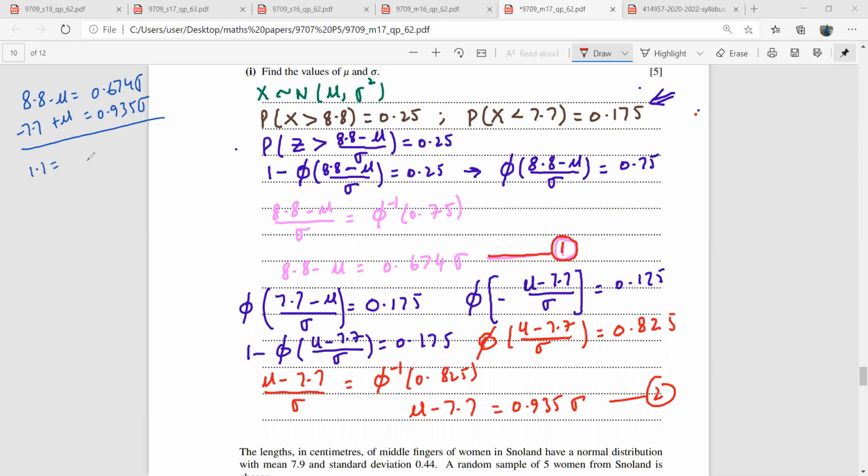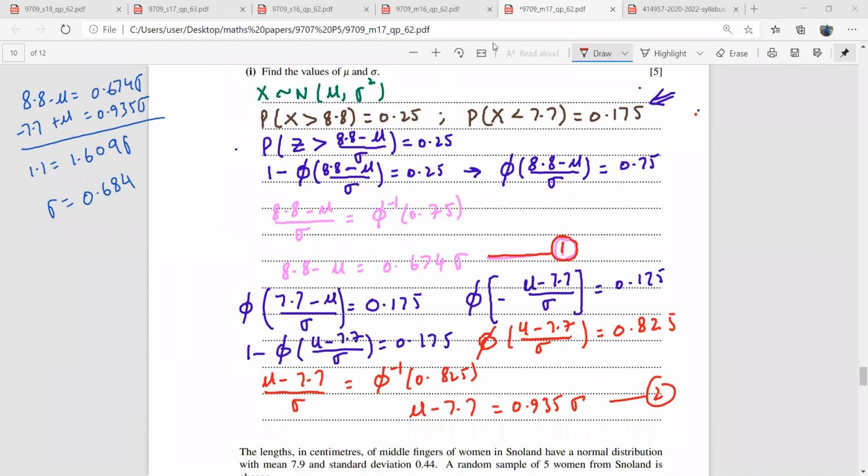The sum of 0.674 plus 0.935 is 1.609. So your sigma is going to be 1.1 divided by 1.609, which is 0.684.